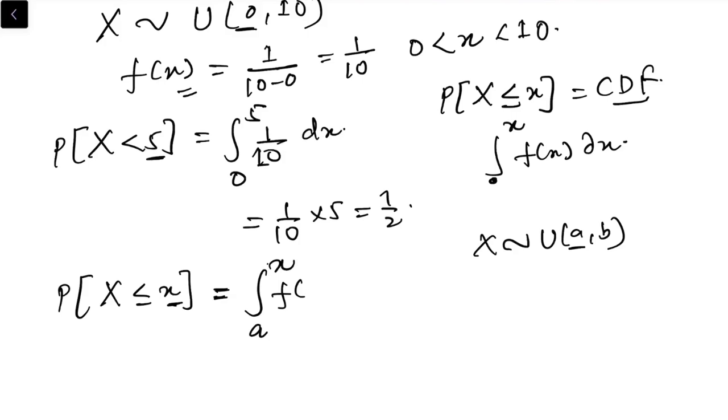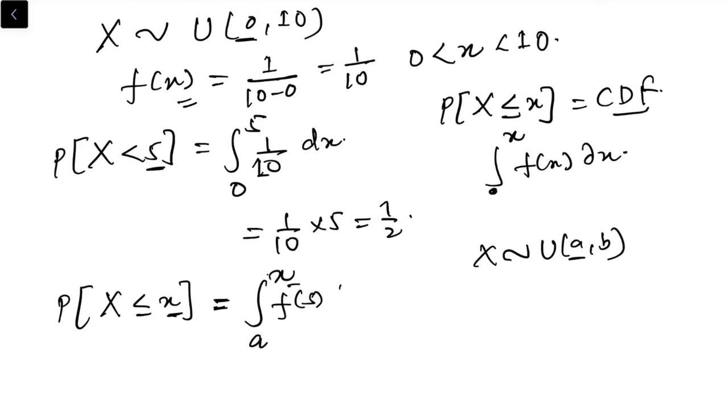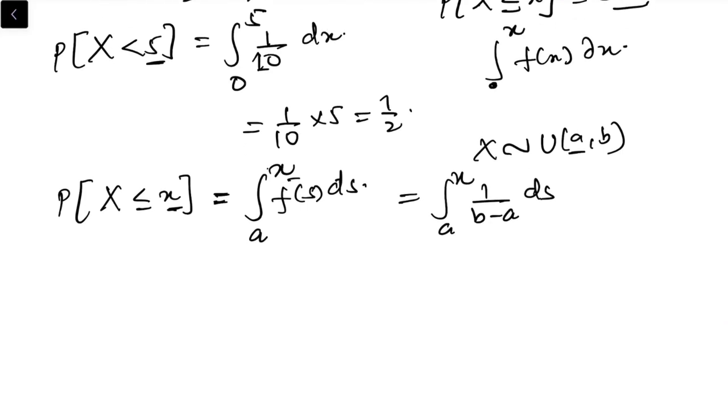Since we already have x in the limit, we should use some dummy variable, so let's write f(s) ds. Now the PDF is 1 over b minus a ds. So this is x minus a divided by b minus a.